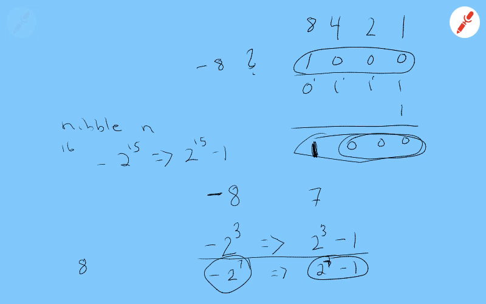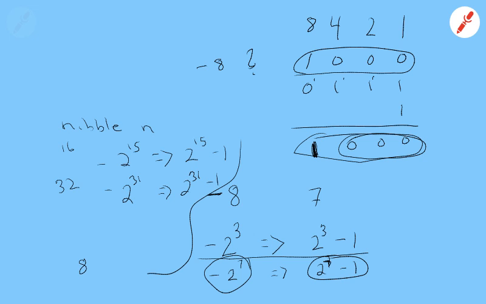So there's the range of values you can store in a 16-bit data type. And for 32, it's -2 to the 31 through 2 to the 31 minus 1, and for 64, -2 to the power of 63 through 2 to the 63 minus 1.